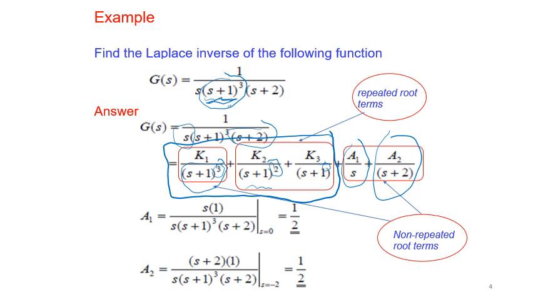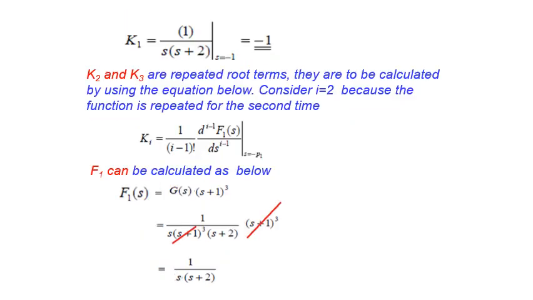The repeated elements are K2 and K3. These are the repeated constants, K2 and K3, which are to be calculated using the formula I explained earlier. Here we calculate A1, here A2, and then K1.